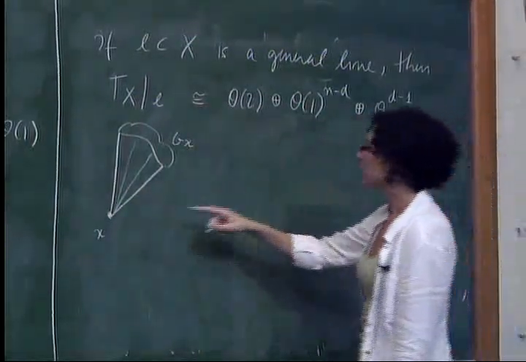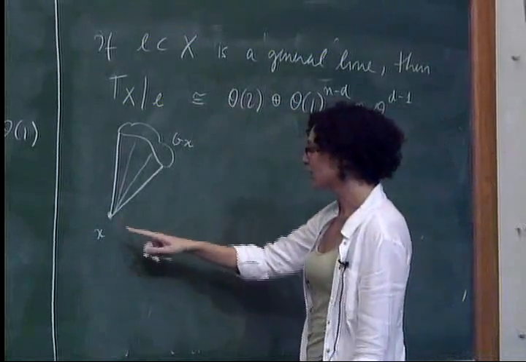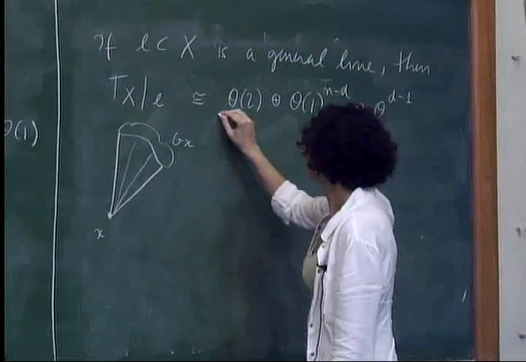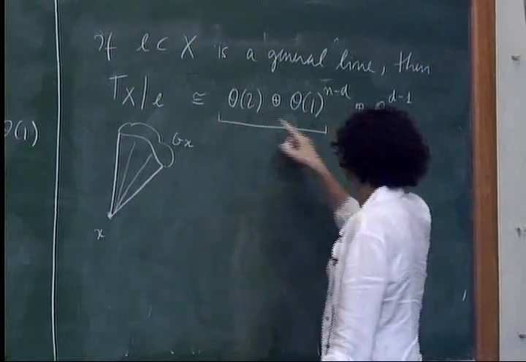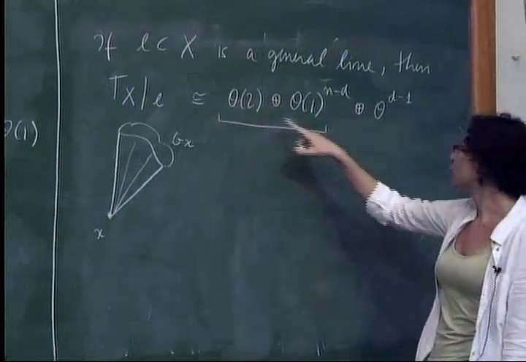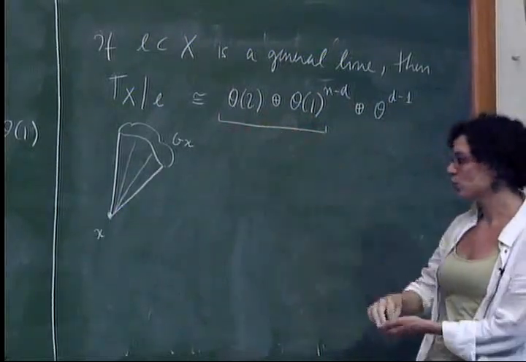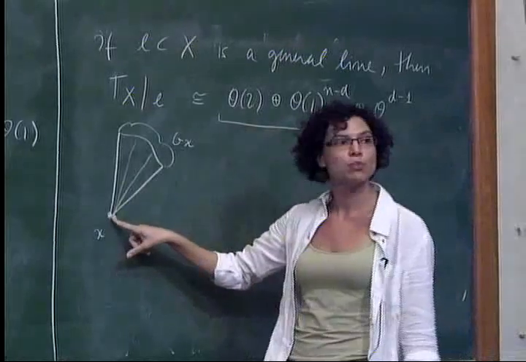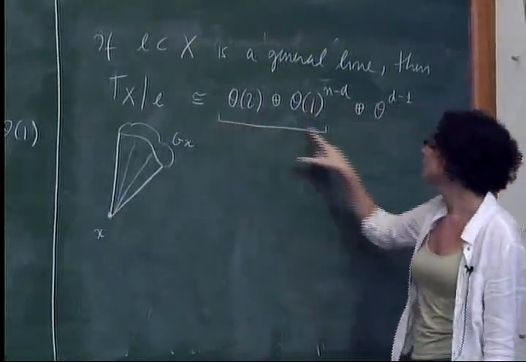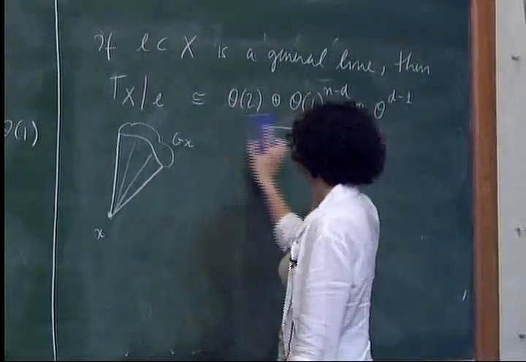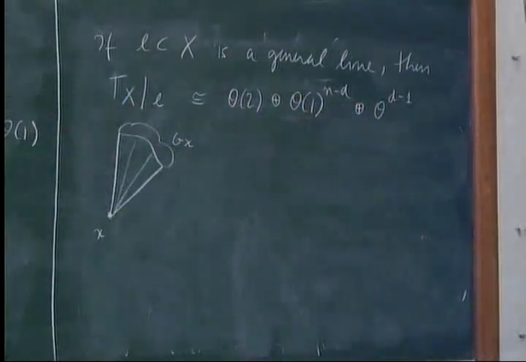This will be the image of the evaluation map, and it has dimension precisely equal to the rank of the derivative. So this is the positive part. When you twist by minus 1 to keep this point fixed, these directions will be kept non-negative. So it's good to contemplate these examples a little bit.